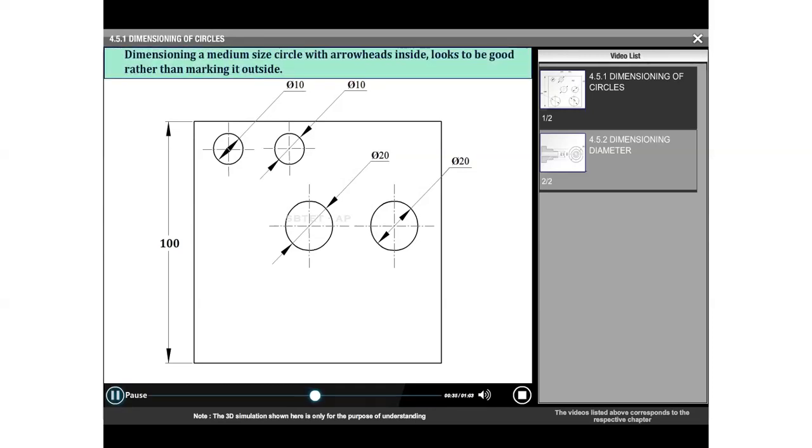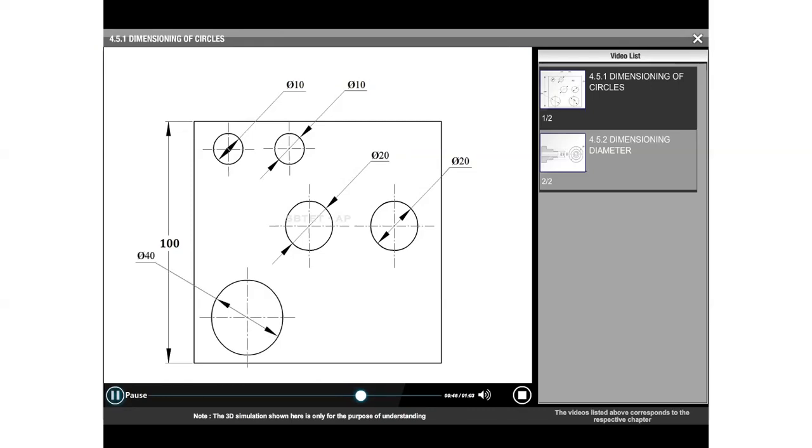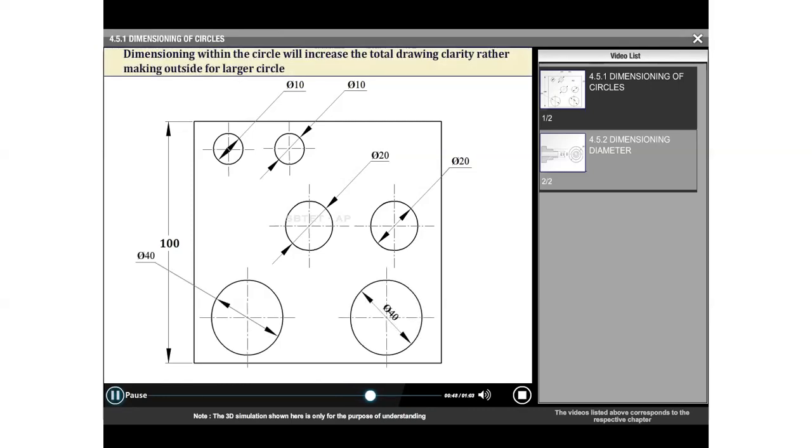Dimensioning a medium-sized circle with arrowheads inside looks better than marking it outside. Dimensioning within the circle will increase the total drawing clarity, rather than making it outside, for a larger circle.